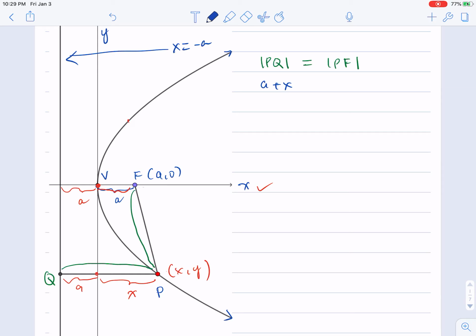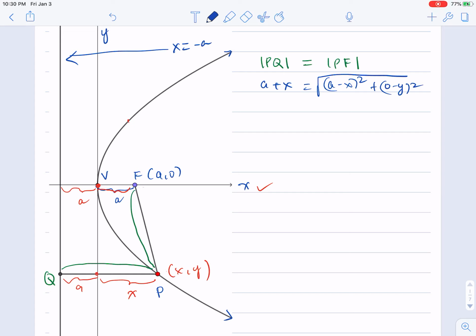Right. What about yung F tsaka P? So, gagamit tayo ng distance formula kasi, di ba, 2 points yan. So, magiging square root of (a minus x) squared, no? Tapos plus (0 minus y) squared. Naalala nyo, distance formula, distance between 2 points.